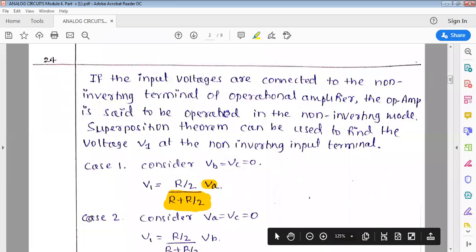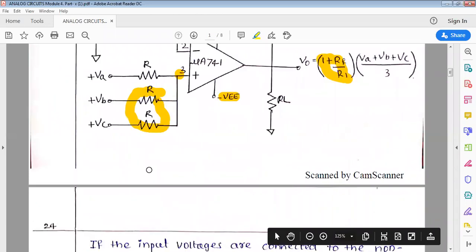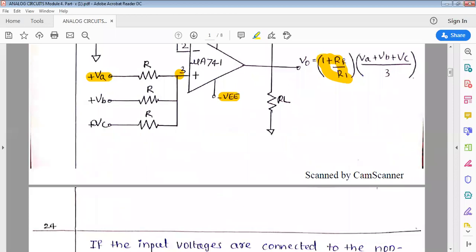Similarly, consider case 2, wherein I consider VA equal to VC equal to 0. That is, I am going to consider the supply VB now, and these both are 0. Again, these 2 will be connected to ground here and here. So again there will be a parallel combination of R and R with the effective resistance of R by 2, and the supply is here. So the overall resistance of this path is R plus R by 2.